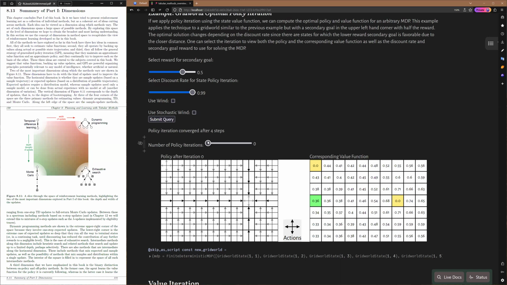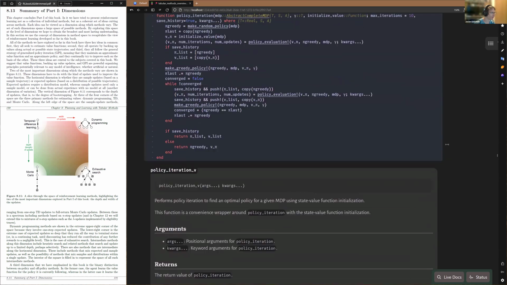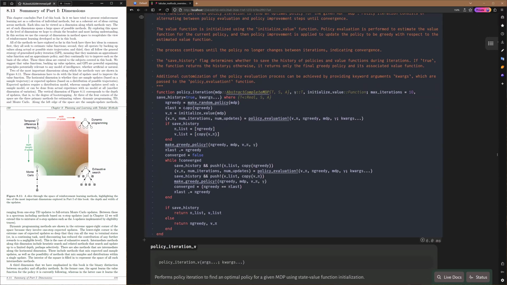So the policy after iteration 0, if it starts with a random policy, seems like it would be the random policy. Yeah, but I think I'm basically showing this as iteration 1, sort of an off by 1 thing. Oh no, it should start out with the random policy.